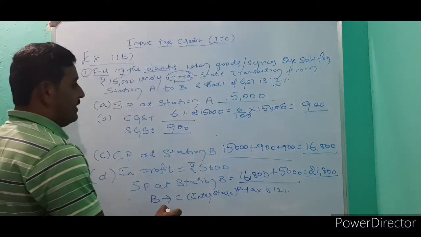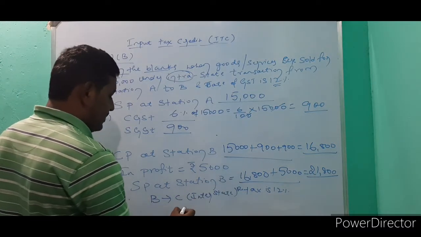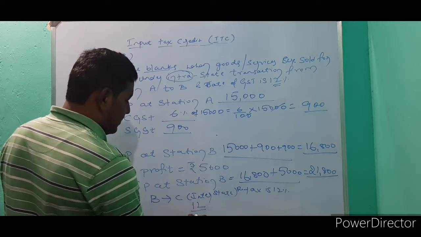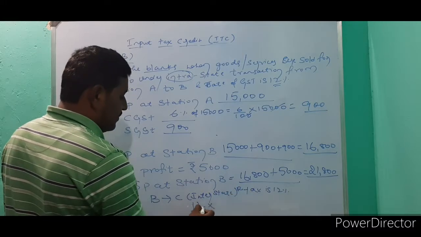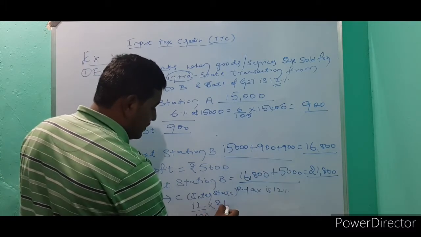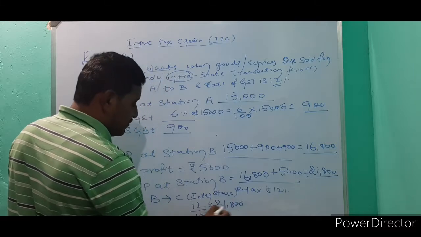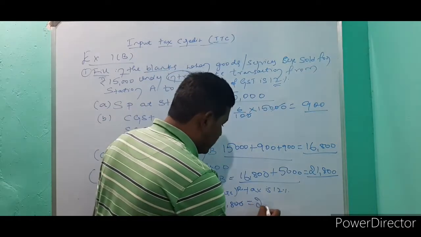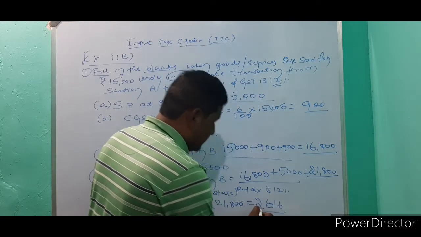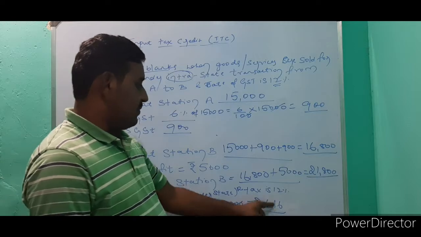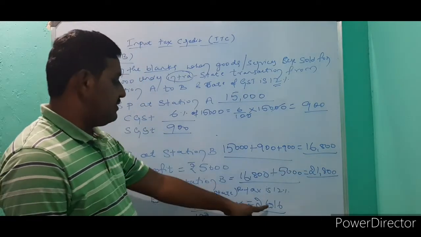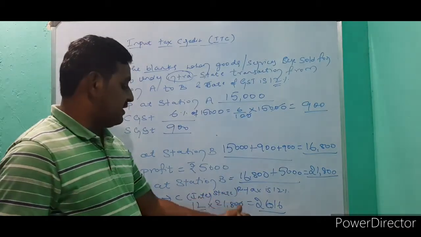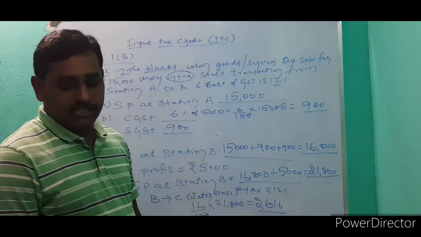Now we want to find the GST amount. Interstate means you only have to find IGST at 12%, 12 into 21,800 divided by 100. You can cancel 2 zeros, 2 zeros. If you multiply 12 into 218, it is 2,616. That is the GST amount. After the selling price of B, 12% GST on goods sold from B to C, that is interstate, the GST is 2,616.